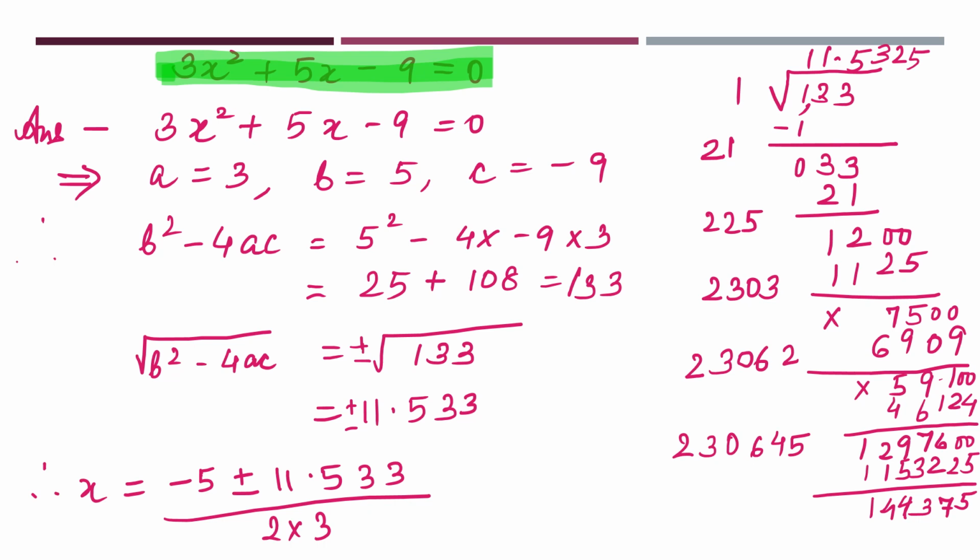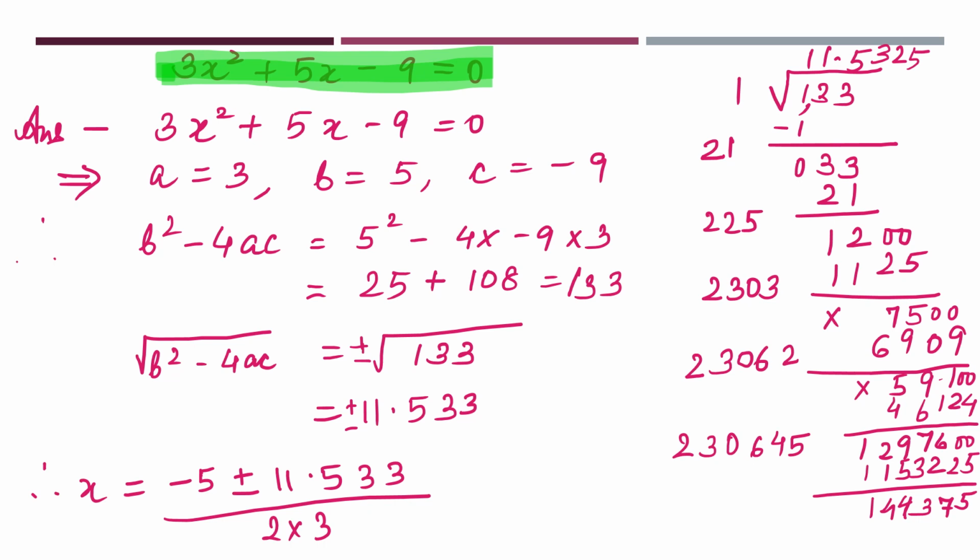Square root of b square minus 4ac is equal to plus minus square root of 133 is equal to plus minus 11.533. Okay. I have done the square root, finding the square root on the right hand side. You can check it, and if you have any problem, you can ask me in the comment.